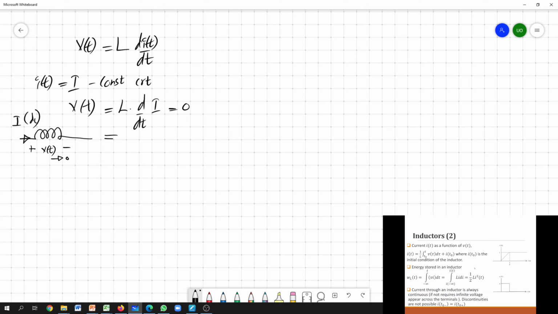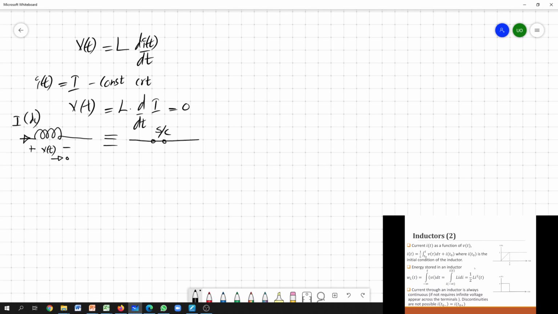So we can model inductors, when we are dealing with DC quantities, as a short circuit element, because across this inductor there won't be any induced voltage. The voltage drop across the inductor is 0, so the inductor acts as a short circuit element. This is only valid when the current is constant.